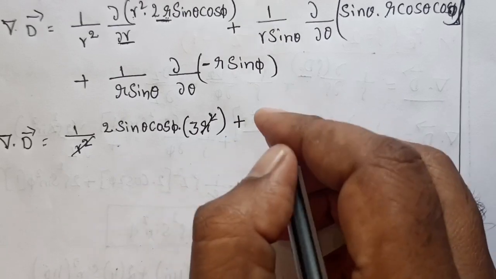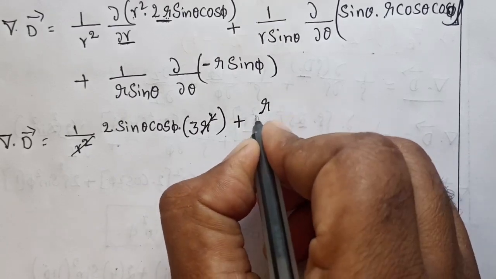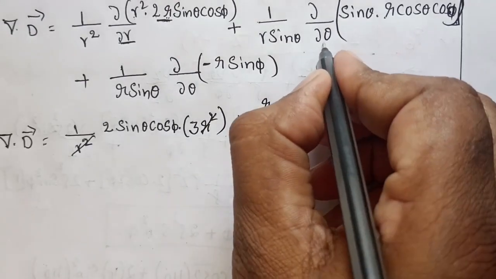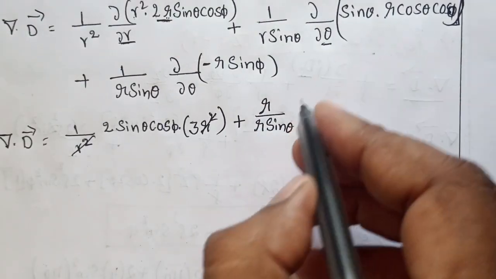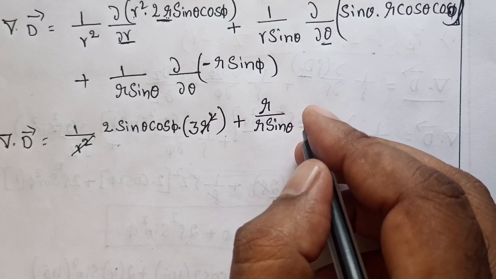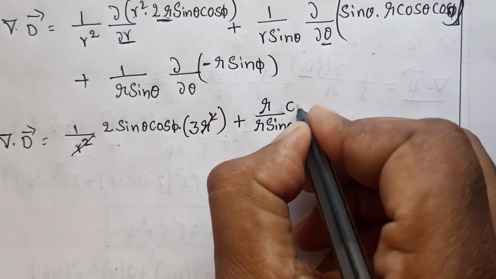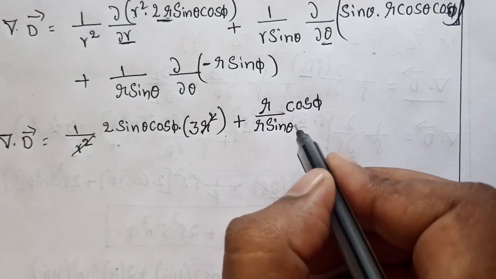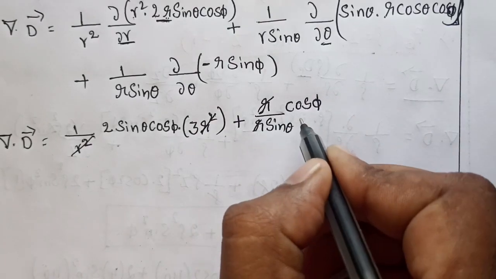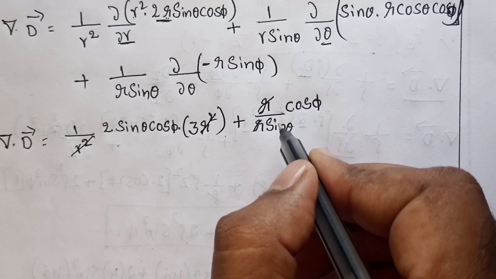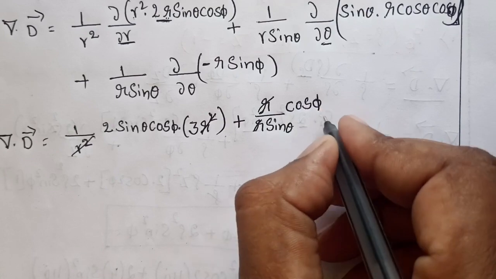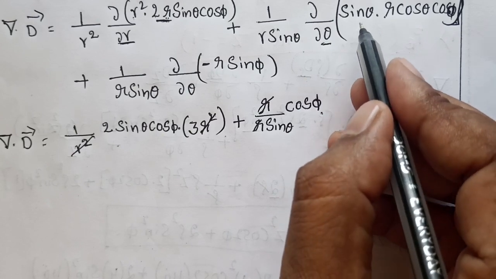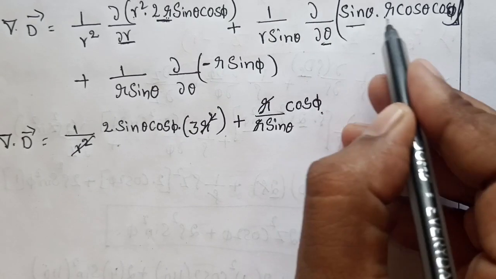Coming to the second term, it is r divided by r sin theta, because I am doing with respect to theta, so the rest is constant. So r divided by r sin theta into cos phi. Here r gets cancelled, and it remains with cos phi by sin theta. It is in the form of sin theta into cos theta.